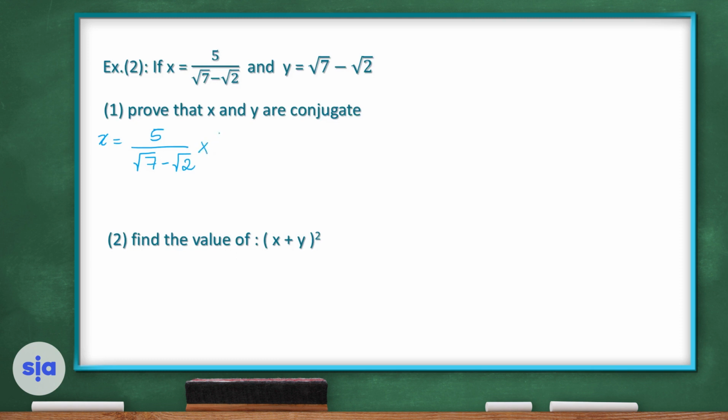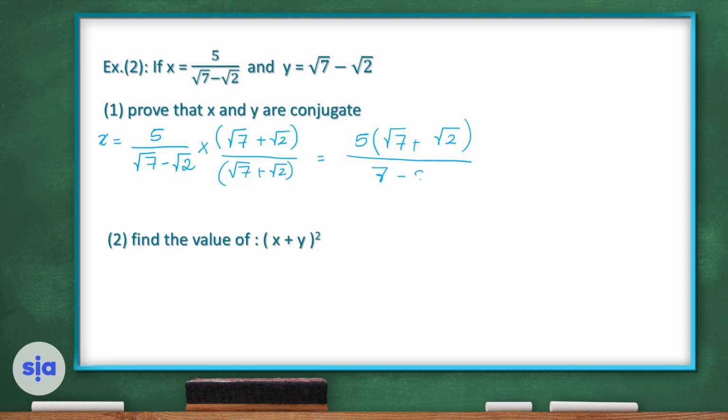We're going now to rationalize the denominator of x by multiplying x by its conjugate. So it's 5 times root 7 plus root 2 over the product of these two conjugate numbers, which is 7 minus 2.